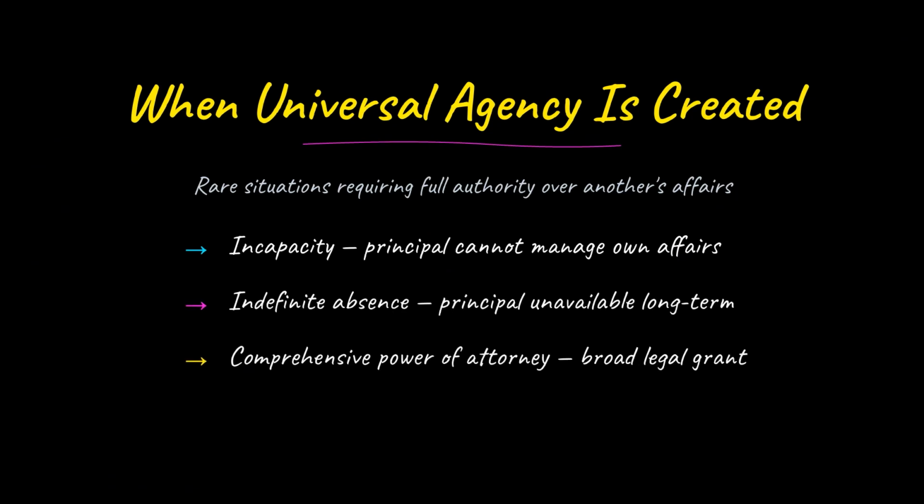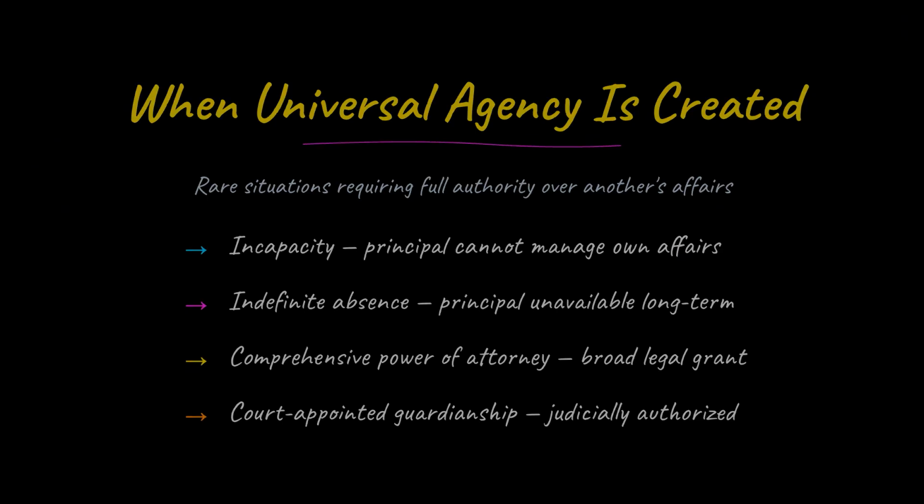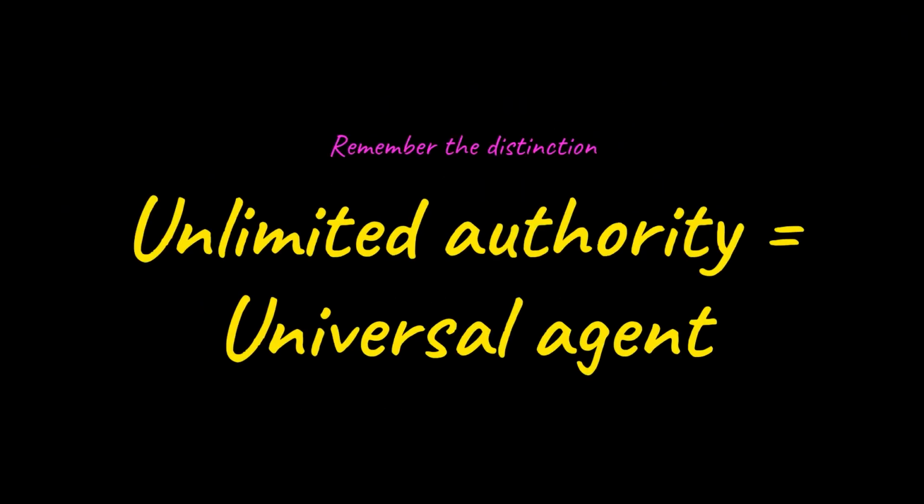Because it carries real risk, it is rarely seen in ordinary real estate practice, where narrower special agency arrangements are the norm. When a scenario describes an agent who can do virtually anything the principal could do personally, that is the universal agent, the rare, sweeping grant of nearly unlimited authority that stands apart from every other agency classification.